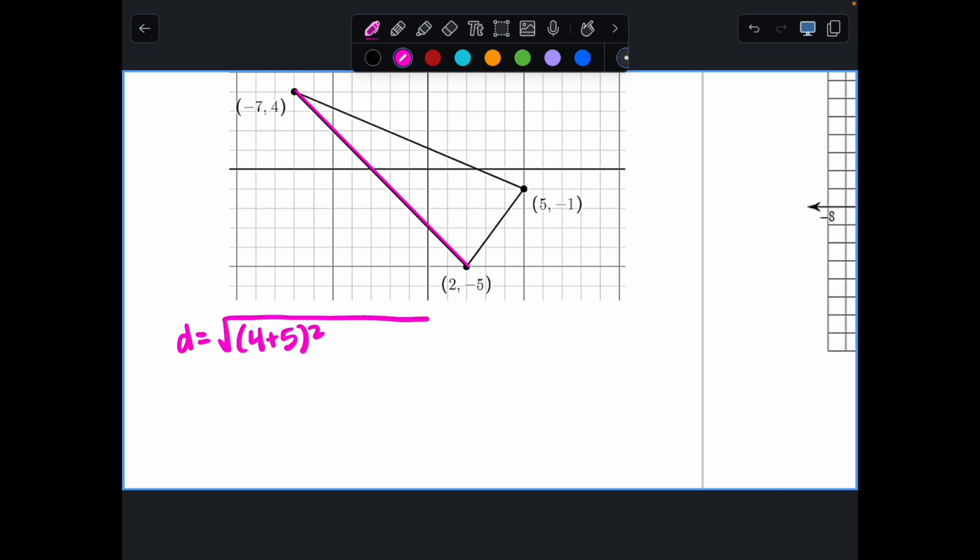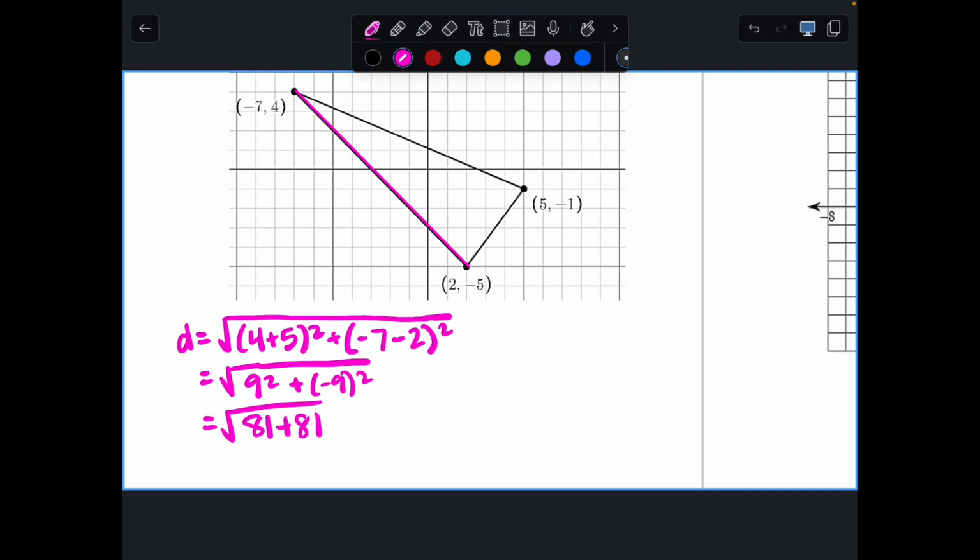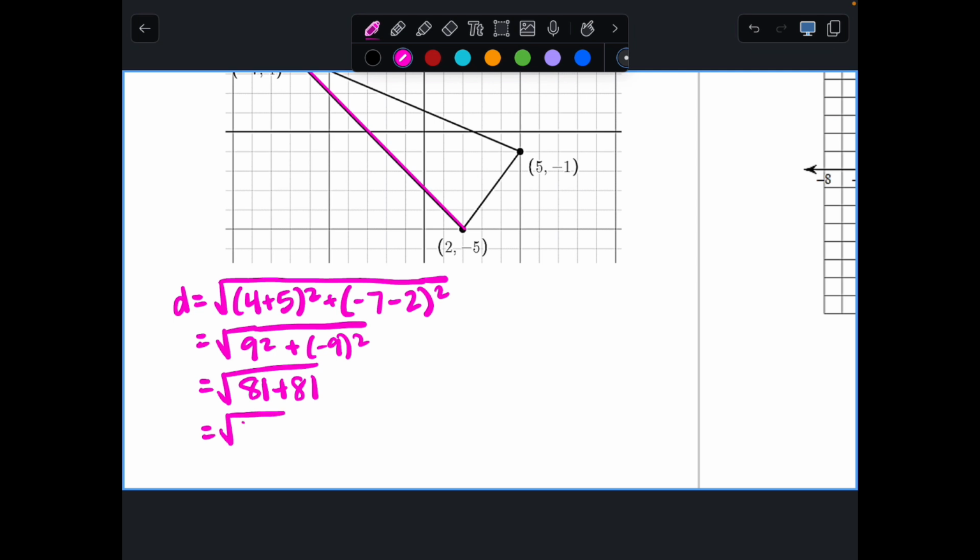You can set this up several different ways depending on how you label your points and what order you go in. As long as you're consistent, you should get the same answer. Square root of 162 is 12.7.